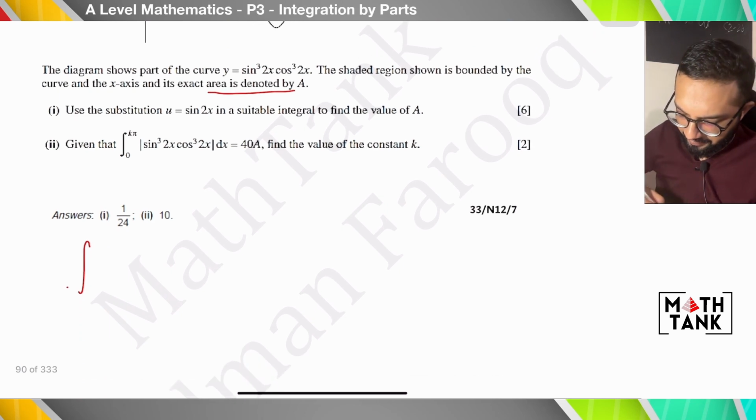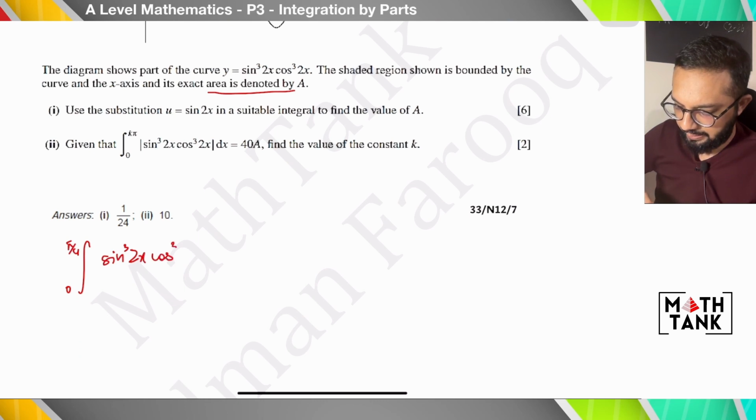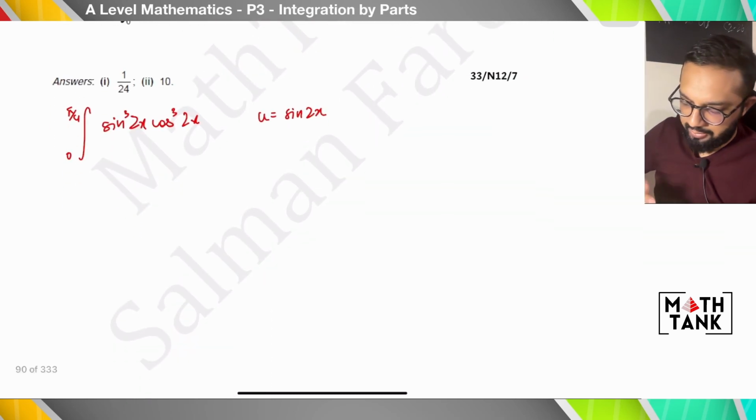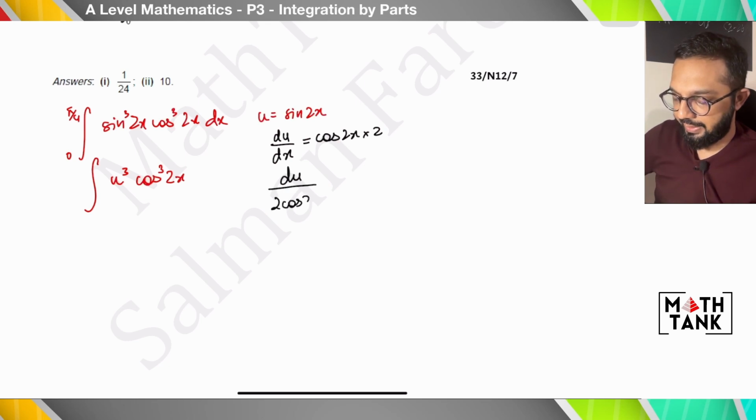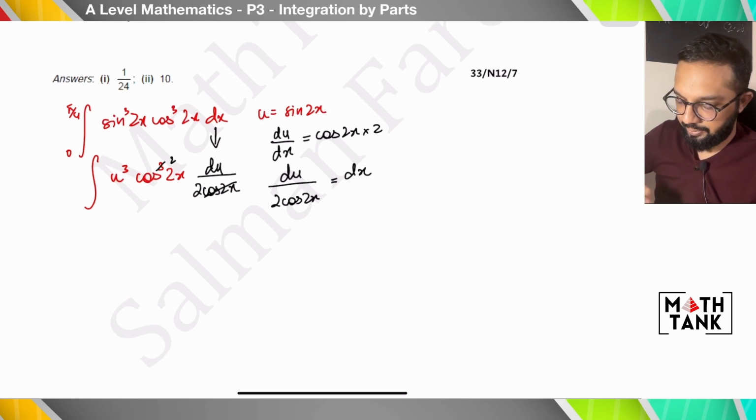So my integral is 0 to pi over 4 of sine cubed 2x cos cubed 2x. My substitution is u equals sine 2x. I'm going to do the immediate substitution first, u cubed and cos cubed 2x, and write the dx here. Don't forget the dx because then when you want to replace it, you're lost. Cos 2x into 2, so du over 2 cos 2x equals dx.